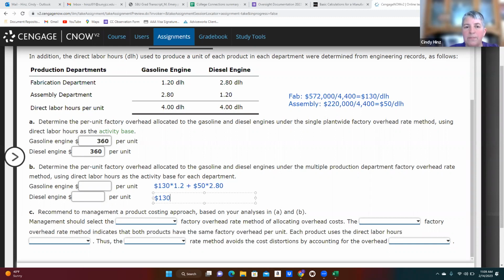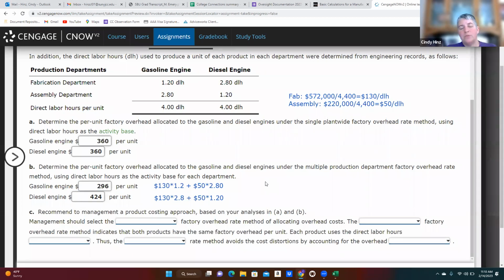The diesel engine takes 2.8 hours in fabrication at $130 each, and then just 1.2 hours in assembly. And so that is $296 for the gasoline engine, and $424 for the diesel engine.